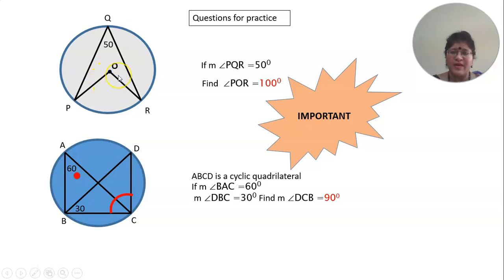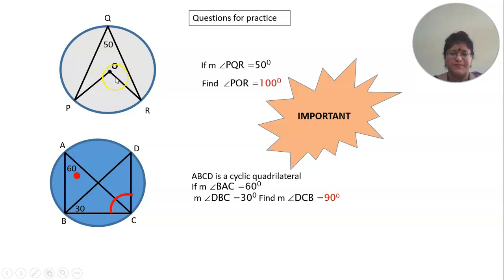So angle O will be 100 because this is 50. And suppose angle O was 120 degrees, then what will this angle be? It will be 60 degrees.